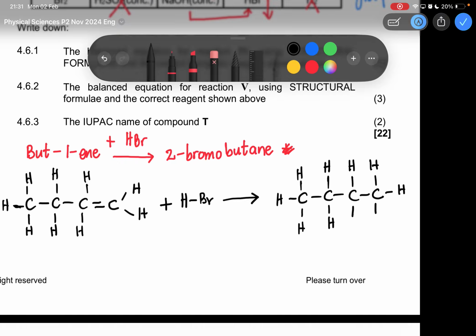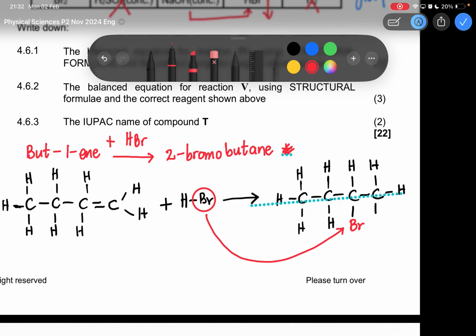Remember, the idea is to go about bringing in the positional isomer of that other compound. The Br will go where there are fewer hydrogens. Then we have Br.